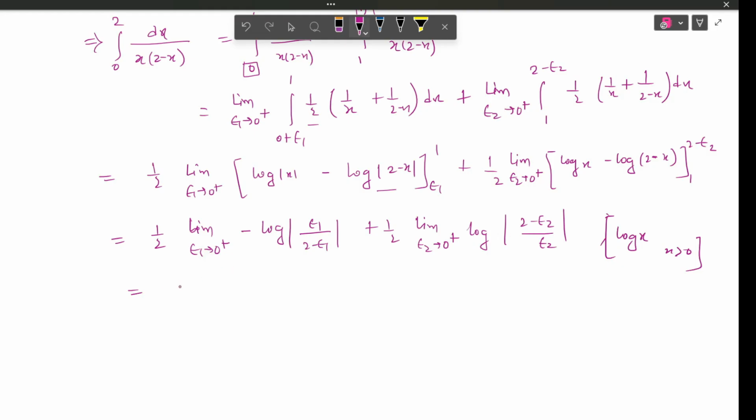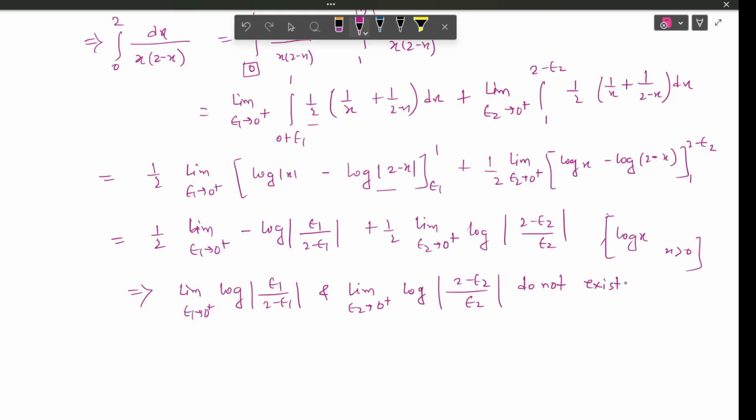So we can say that limit epsilon 1 tends to 0 plus log of epsilon 1 by 2 minus epsilon 1, and limit epsilon 2 tends to 0 plus log of 2 minus epsilon 2 by epsilon 2 do not exist.